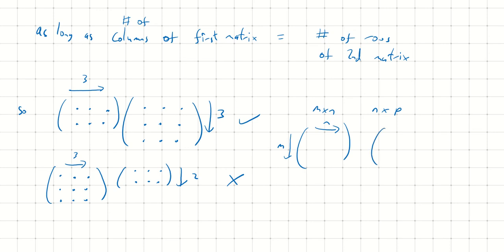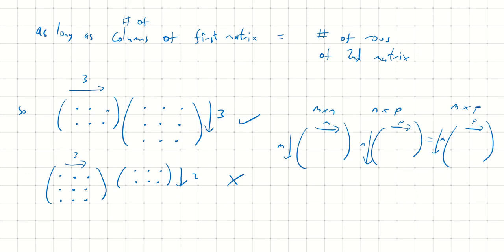Well, an n by p matrix has n rows and p columns, and that works because the columns of the first matrix, n, is equal to the rows of the second matrix, also n. If I do this multiplication, I'll end up with an m by p matrix. So it will have m rows and p columns.